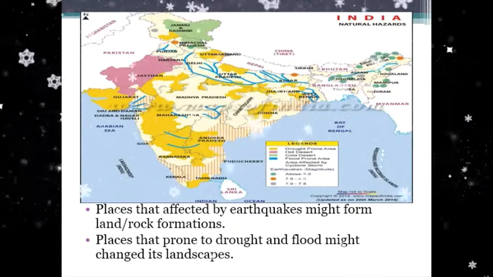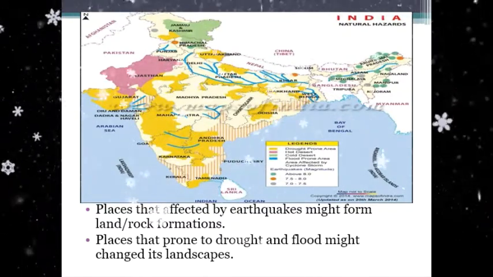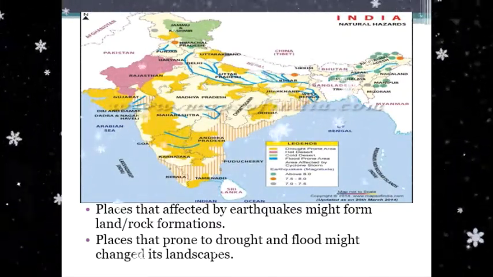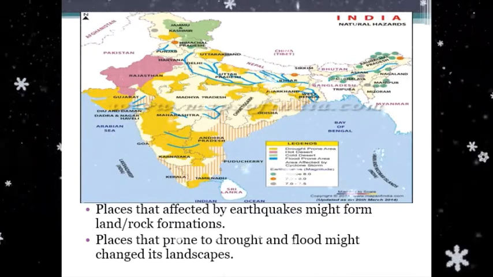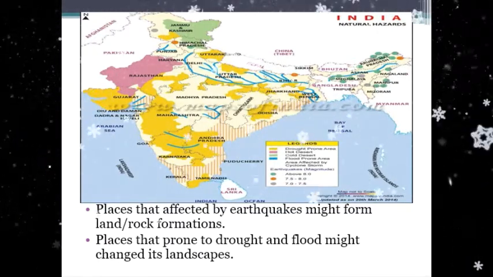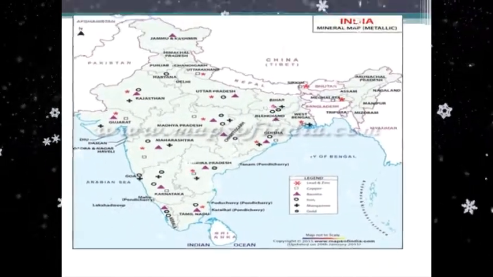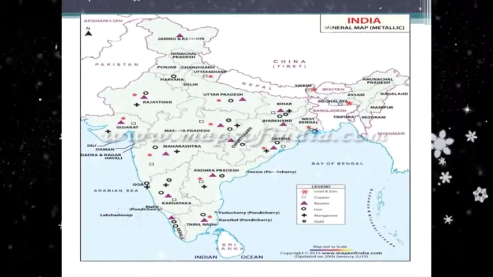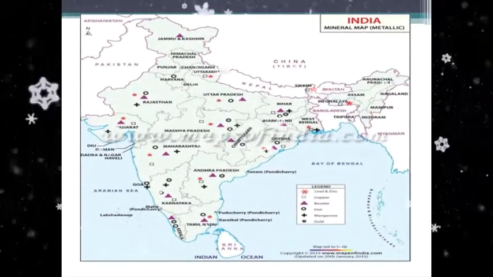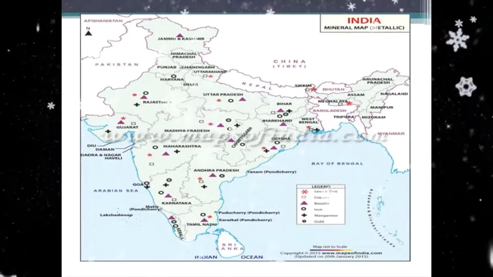Those are the places prone to drought and flood. Mineral map, metallic. This is from the country of India.